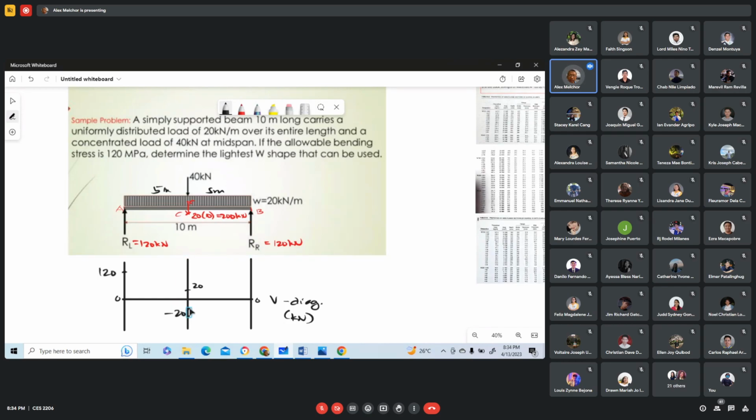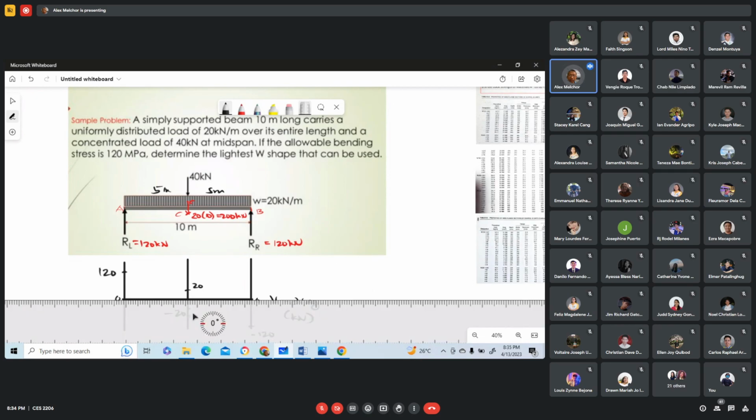And negative 20 minus the resultant of this portion here, which is also 5 times 20, or 100, gives us negative 120. And negative 120 plus 120 gives us 0.